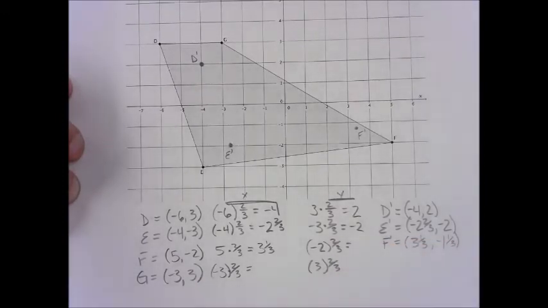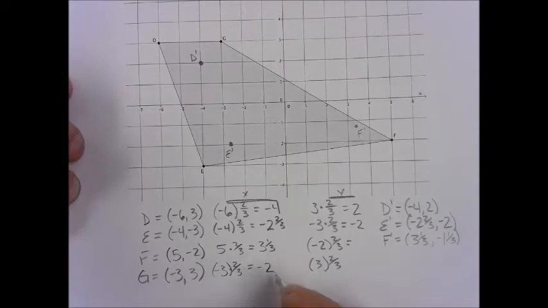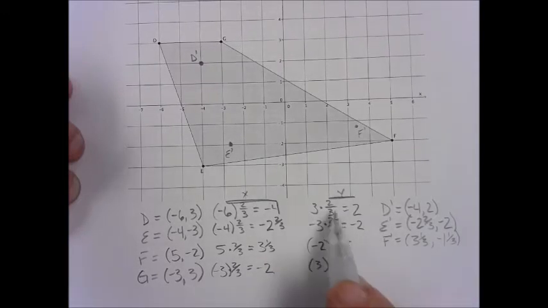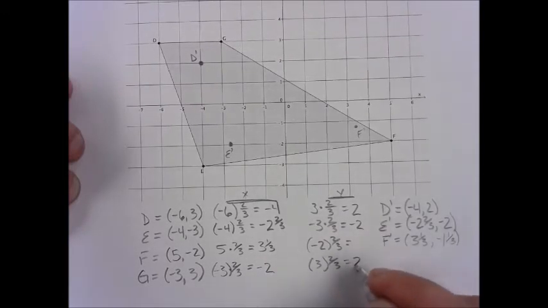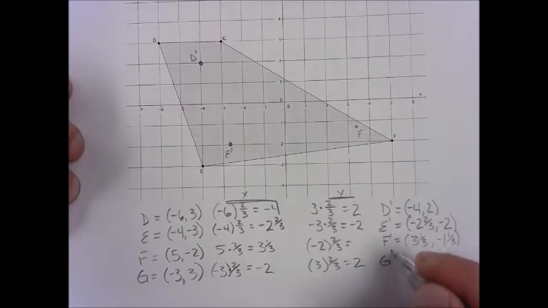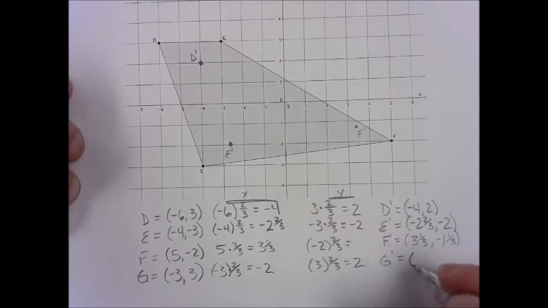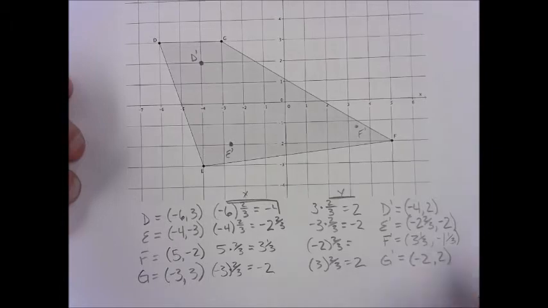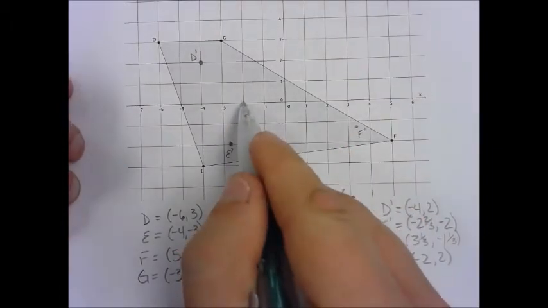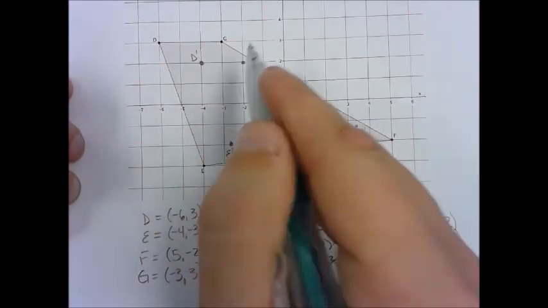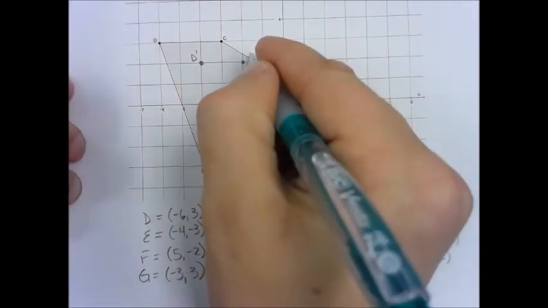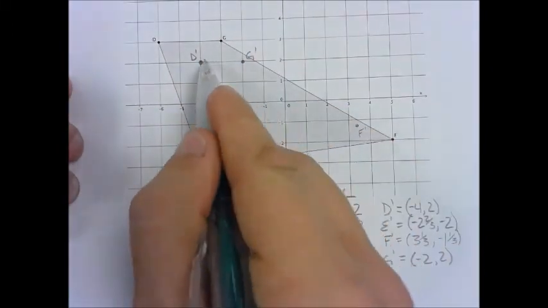And I've already looked up both of those. So -3 times 2/3 is -2, and 3 times 2/3 right here is +2. So my G prime is (-2, 2). This is G prime.